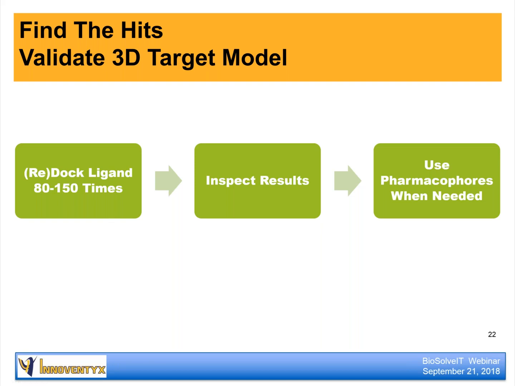You can change here the number of times that you want to dock it. I think 80 to 150 is sufficient to get a good sense of how the docking model, the first pass, is. Then you inspect the results and see if you can get the results that you want without any additional input.